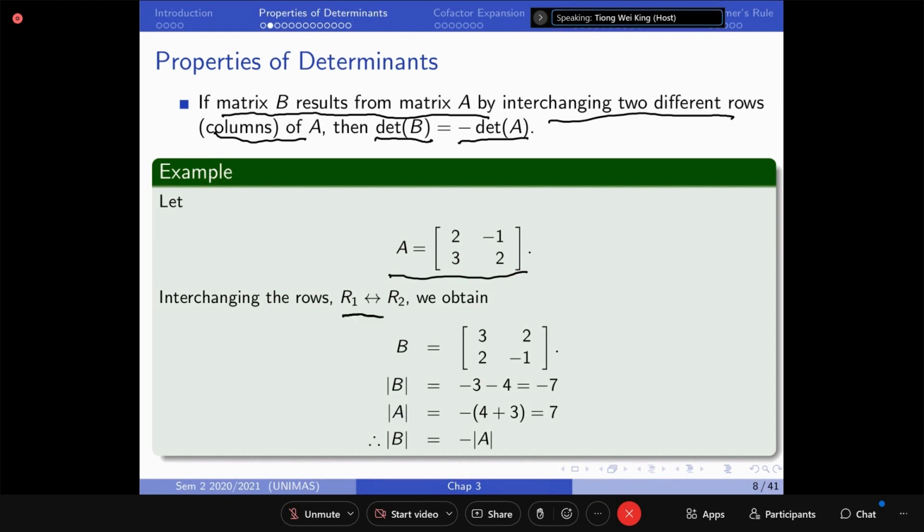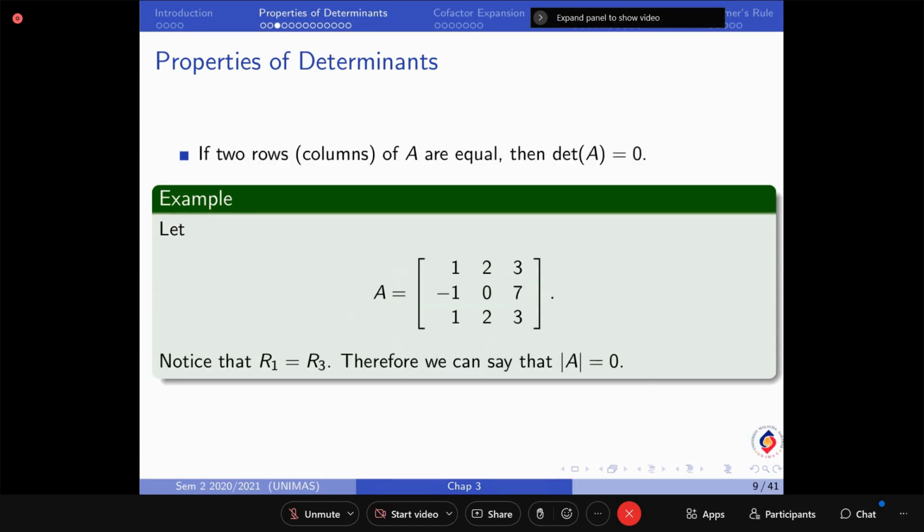If you interchange row 1 and row 2, this is our new matrix B. If you calculate the determinant, determinant of B is negative 7, and determinant of A is 7. So determinant of B is equal to negative determinant of A. Just remember, whenever you swap two rows or columns, you need to add a negative sign to the determinant. Okay.